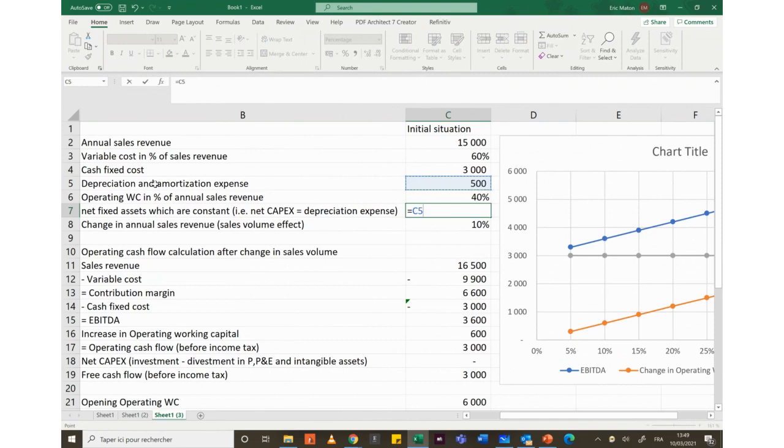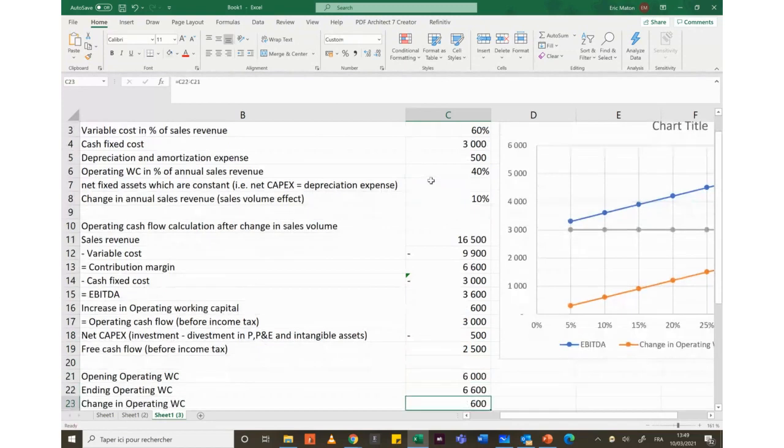So here we can specify which are constant. In the calculation, we have to put the equivalent of the depreciation and amortization expense. So in this case, we include this one.